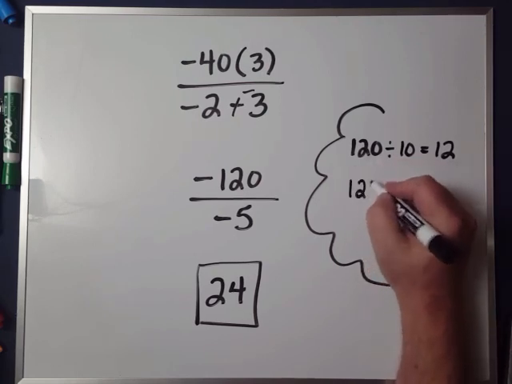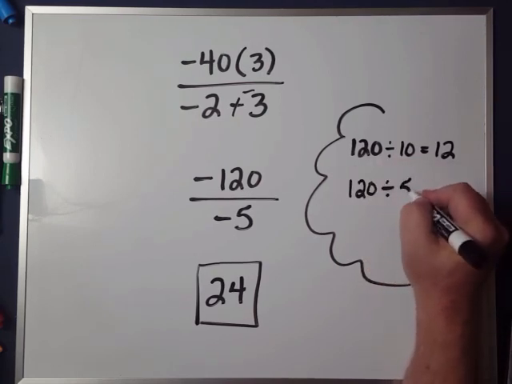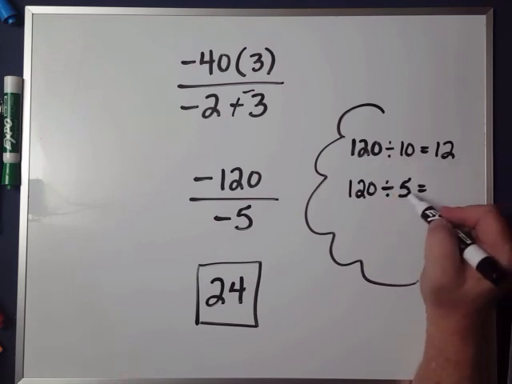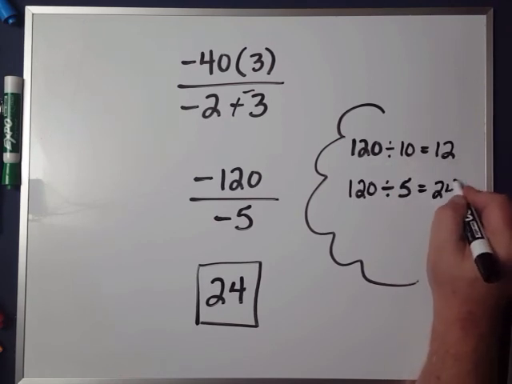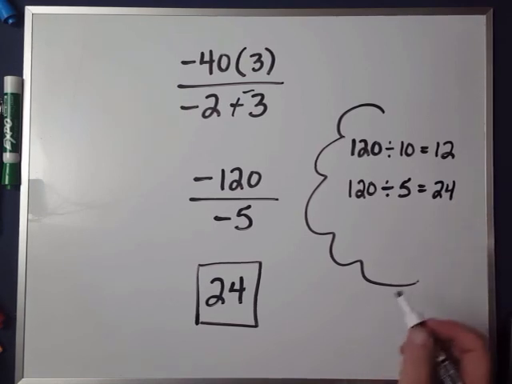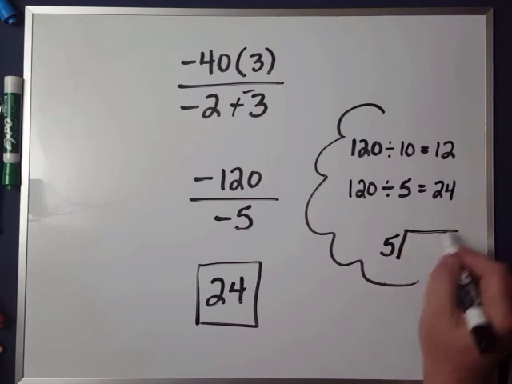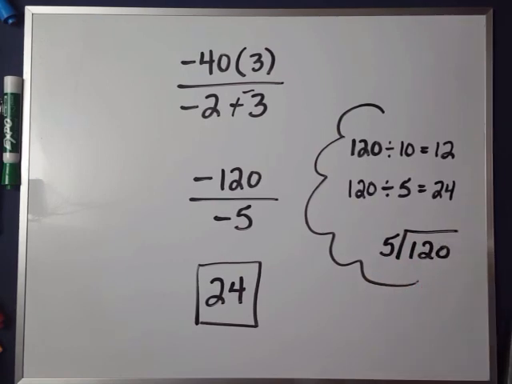Well, then what would 120 divided by 5 be? If 10 goes into 120 12 times, 5 would go in twice as much, or 24. If that works for you, use it. If not, you can always drop back to long division. Either way, as long as we get that positive 24.